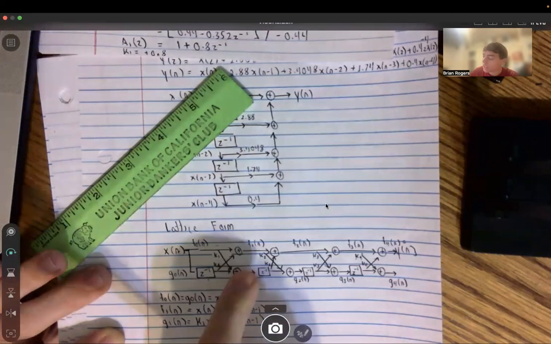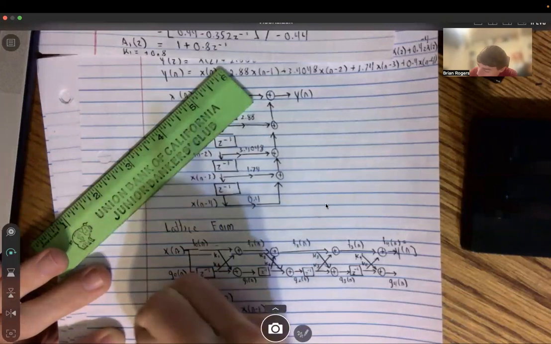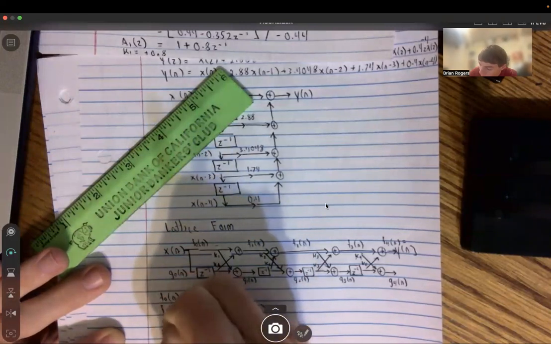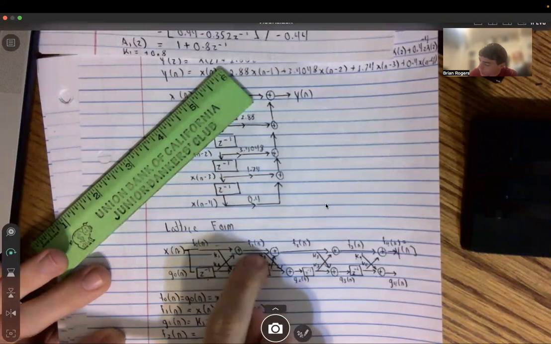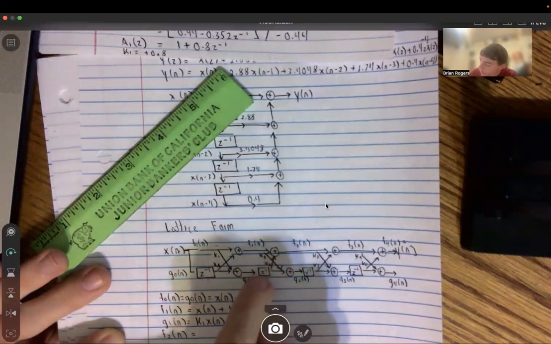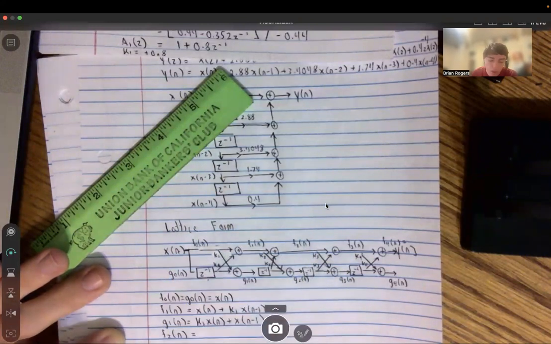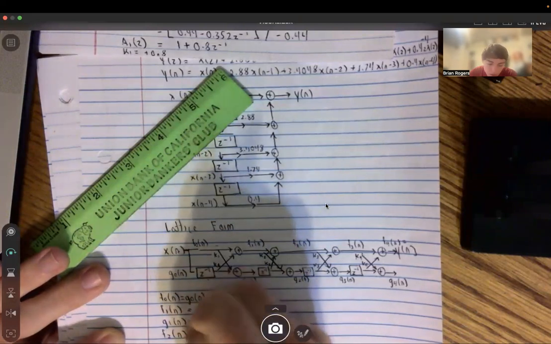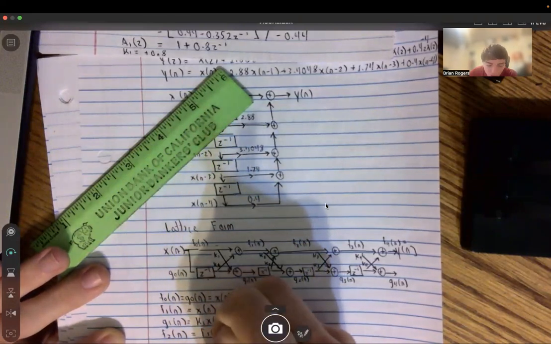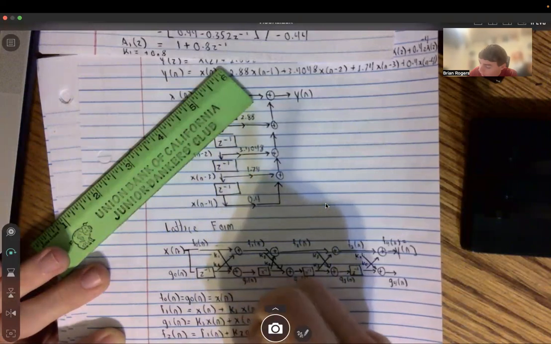And then you can keep going along. So your f2 of n is going to equal, well, coming into your f2 of n, you have f1 of n plus k2 times g1 of n minus 1. And so you'll get f1 of n plus k2 g1 of n minus 1.